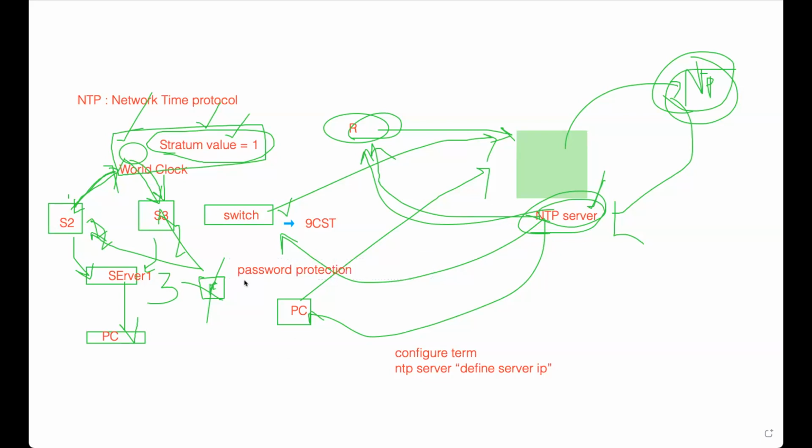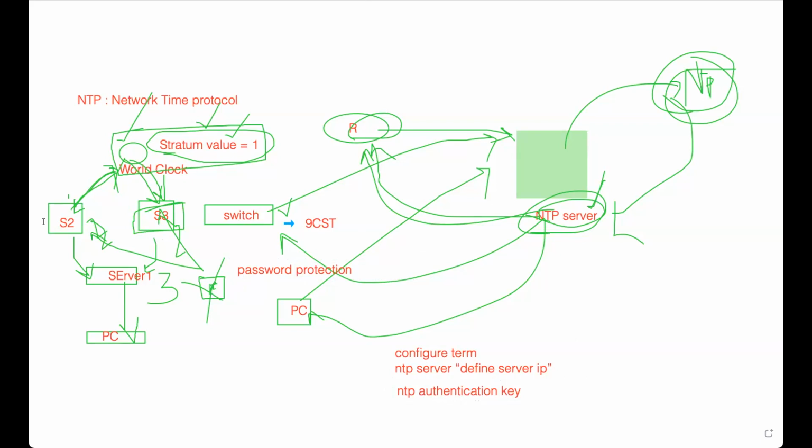Password protection is like protecting the NTP server so that not everyone will get the time from the servers. So to configure that, we can do NTP and then define authentication. We'll configure that.